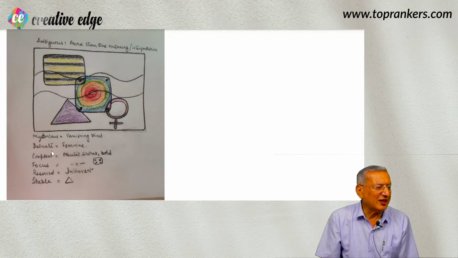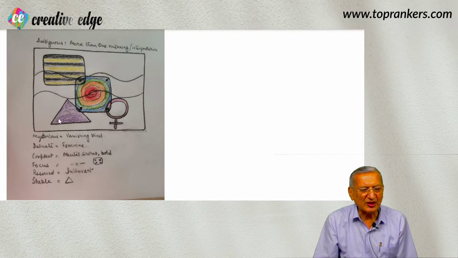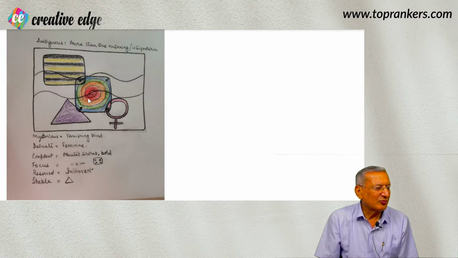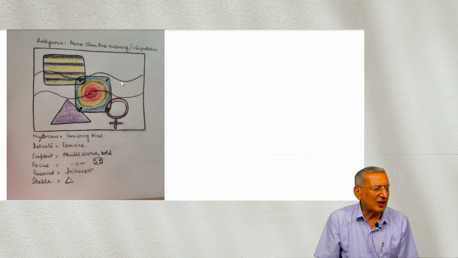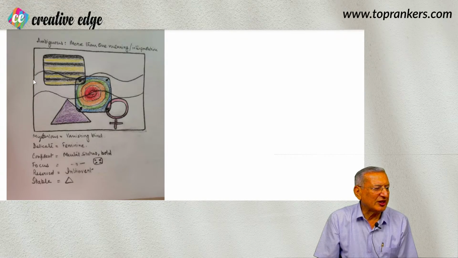When you look at Mona Lisa, you say delicate, feminine. Where have I shown delicate? The rhythmic lines that I have shown here are showing delicacy. And feminine, I have used just the symbol of a female here.